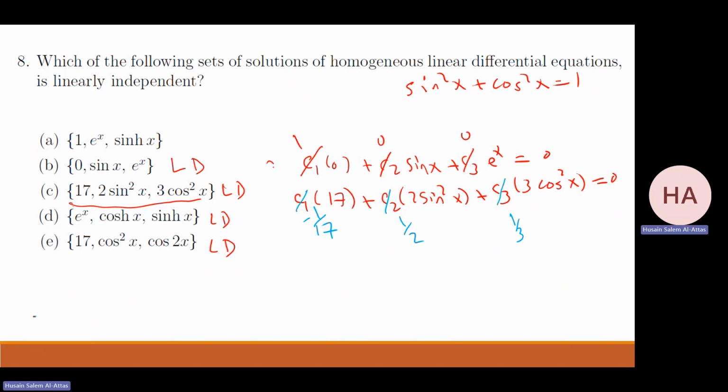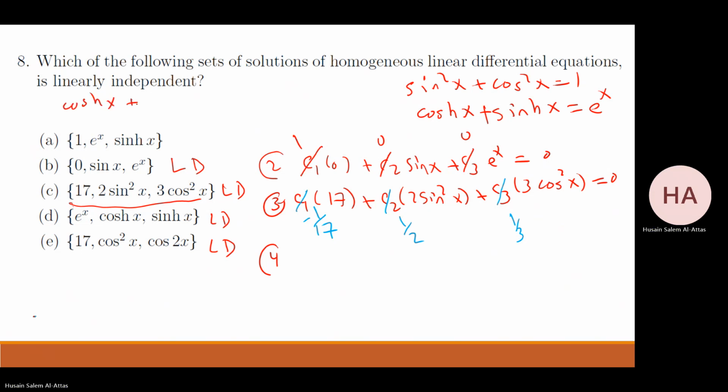Next one, this is 2, this is 3, 4. Yeah, I know that cosine hyperbolic x plus sine hyperbolic x is e to the power x. Since cosine hyperbolic x plus sine hyperbolic x is e to the power x plus e to the power minus x over 2, and that minus x, so this is cancelled. So I have 2e^x over 2, which is e^x.